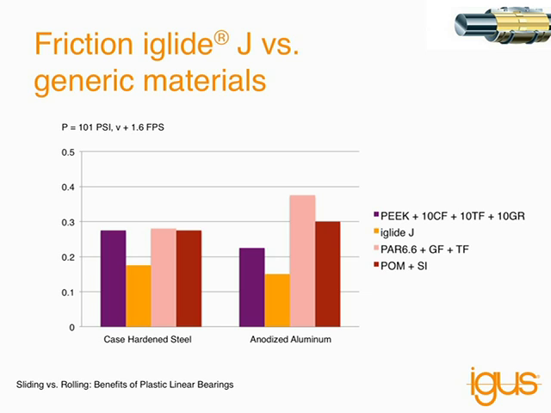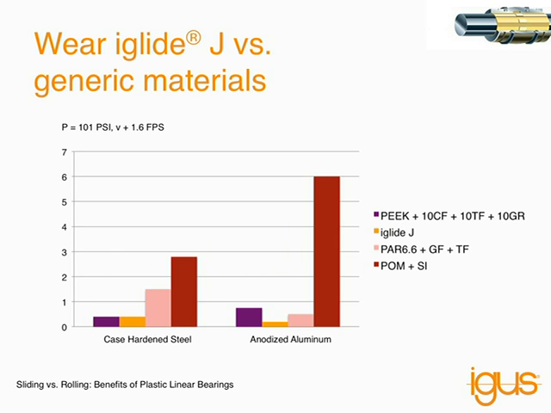So really the advances in the tribology really shine when compared to simple plastics, not only with friction, but also with wear. Here are the results of wear testing of iGlide J versus these generic materials on case-hardened steel and anodized aluminum. And you'll see that iGlide J has been developed as a motion plastic and does have better wear resistance on these common linear bearing shafts than the more generic materials.